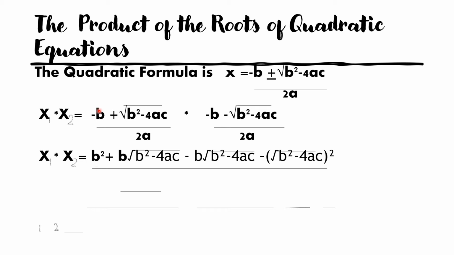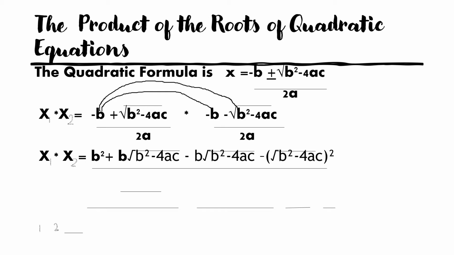Now, let's multiply negative b times this one, and that is positive because we're multiplying negative and negative. So just copy b and then square root of b squared minus 4ac. Okay, that one. We are done with this, and we are done with this.